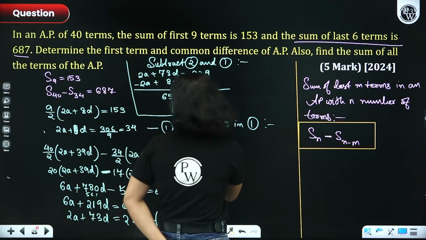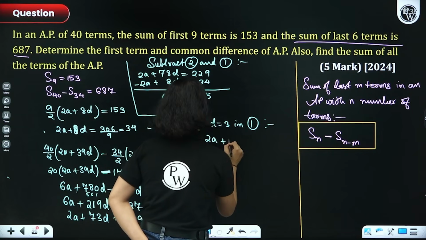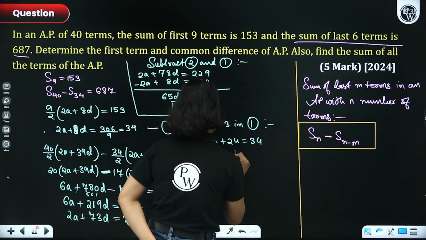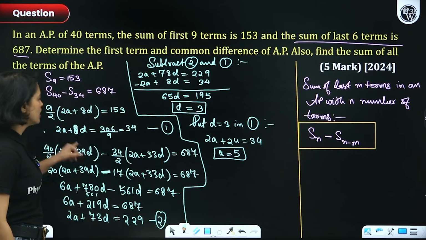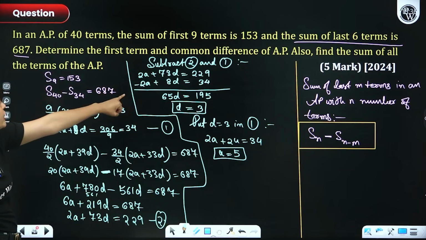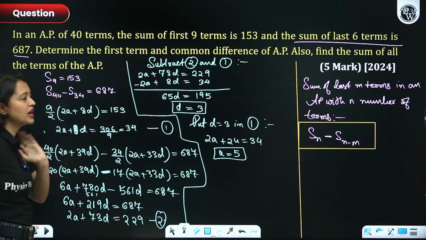So now here we'll have twice of A plus 24 is equal to 34. So from here A is coming out to be 5. Okay, is that all right? Twice of A plus 8D. So 8 into 3 is 24. 34 minus 24 is equal to 10. Yes, so A is coming out to be 5.